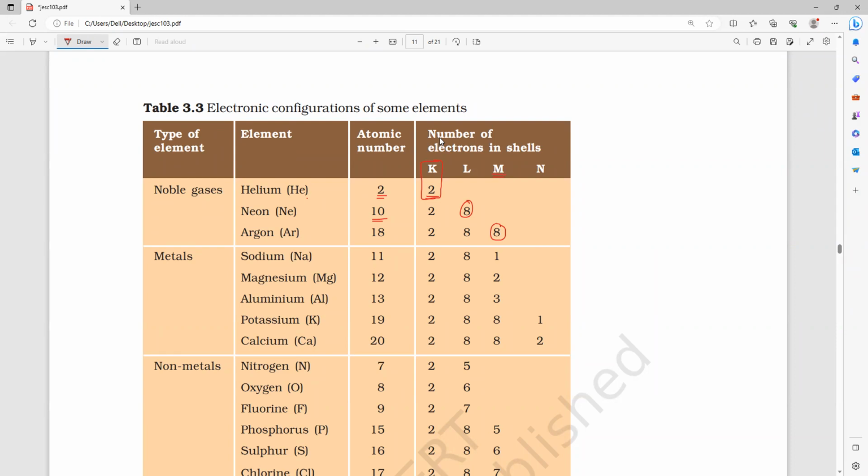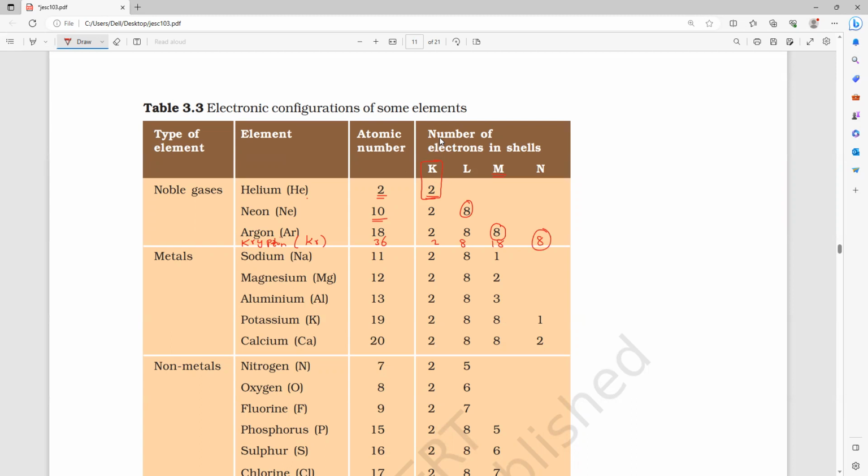Let me take krypton also. Krypton symbol is capital Kr, and its atomic number is 36. Can you tell me the electronic configuration? Speak loudly, everybody: 2, 8, 18, 8. This is the electronic configuration of krypton.